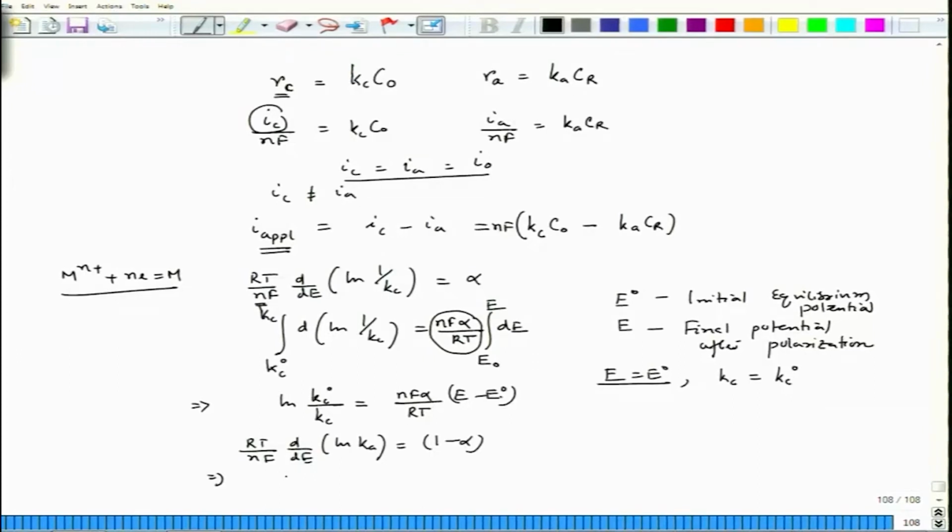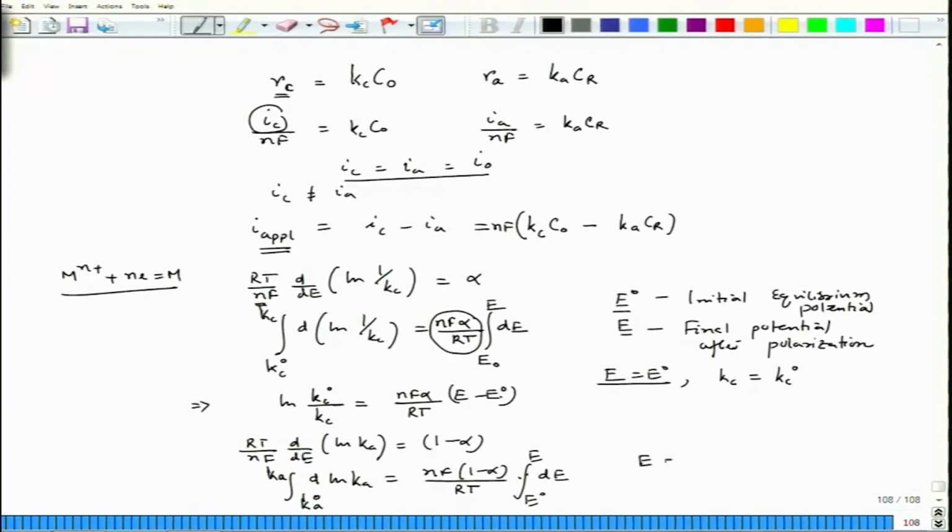We can also find out the limits. We can write it in this fashion: d ln Ka equal to Nf (1 minus alpha) by RT dE. Here also the limit would be same. So, this is Ka0 and Ka.